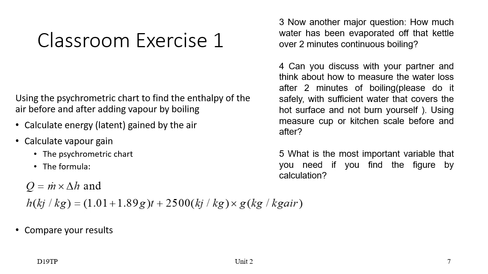If the air changes from one state to another, the enthalpy changes. So from the enthalpy change, we can find how much energy is gained or lost from the air. So this is how we look at this one. Here, we use the red one. This is a mass flow rate.